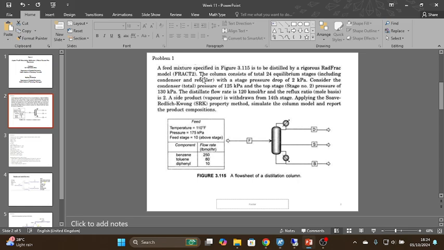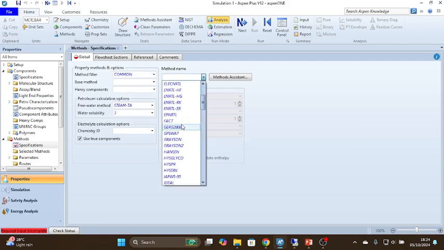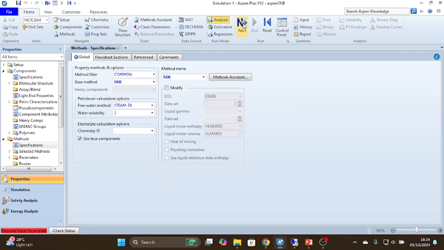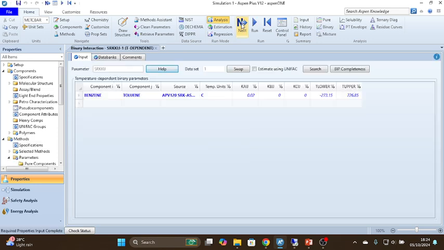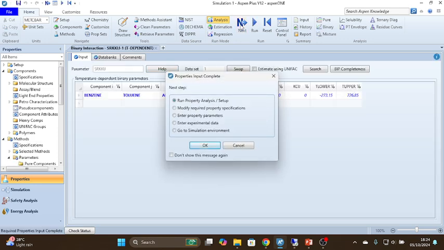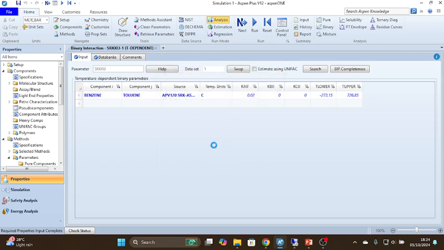The method name is given to us. So the method name is SRK method. So selecting the SRK method from the method name. The interaction parameters are updated. Now we are going to run the property analysis setup.